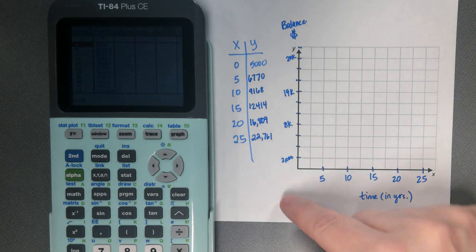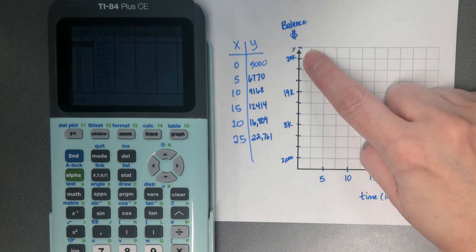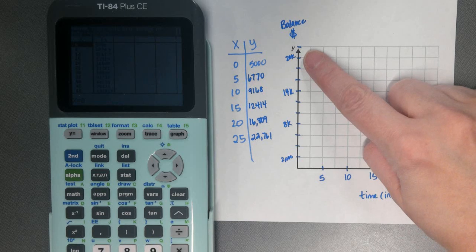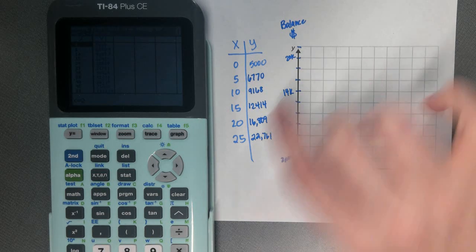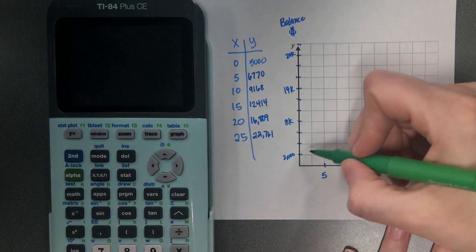Okay, and again, I just decided to go by 2,000 to fit it on here. When you're doing this, you'll have graph paper, so you can decide what you want to go by. If you wanted to make 22 tick marks, you could. Okay, so you have that authority to determine what you'd like to go by.